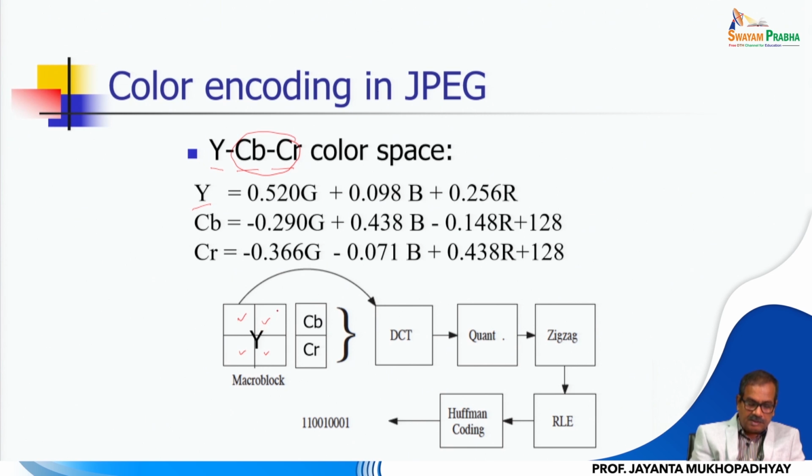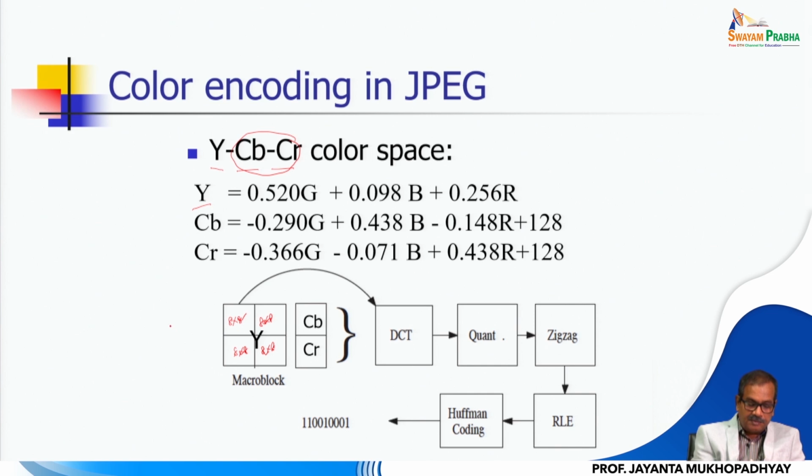So, first we transform these 4 8x8 blocks, that means a 16x16 block, into YCbCr format, and then for the Y component we partition it again into 4 8x8 blocks. For the CbCr components, for the complementary blue or Cb component, only one block.